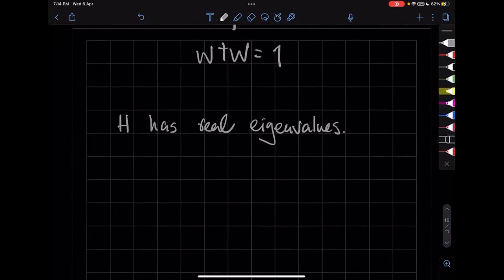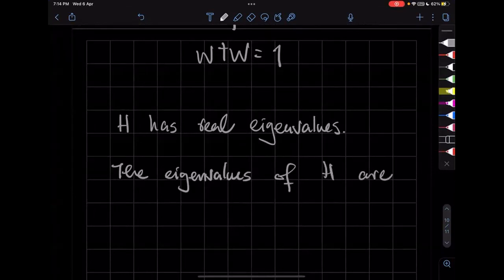But it can also be shown that the eigenvalues of H are positive definite. They're either 0 or positive.